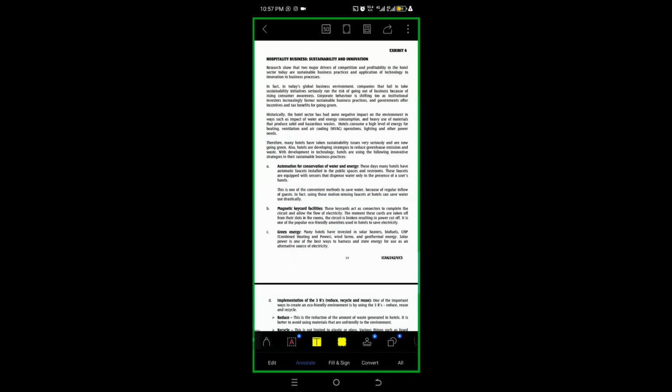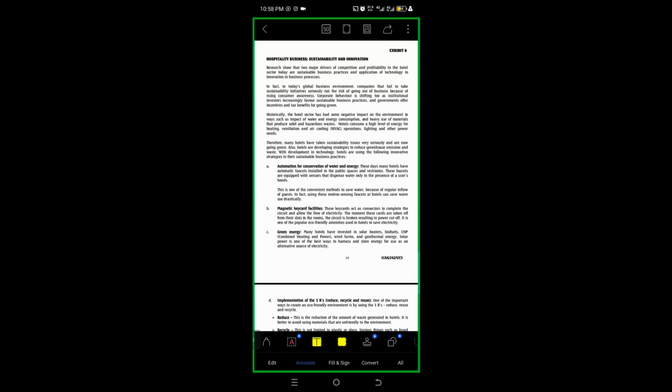In fact, in today's global business environment, companies that fail to take sustainability initiatives seriously run the risk of going out of business because of rising customer awareness. Customer behavior is shifting too, as institutional investors increasingly favor sustainable business practices and governments offer incentives and tax benefits for going green.